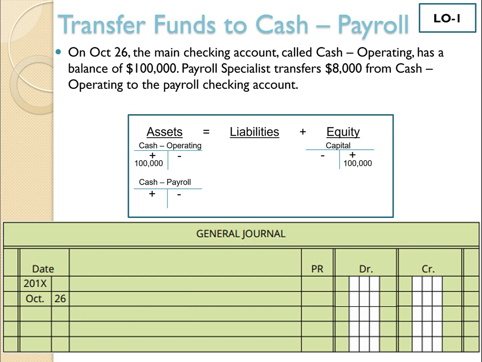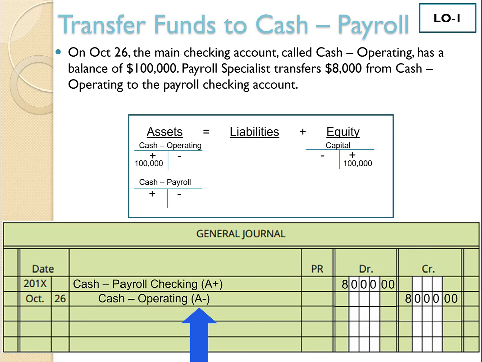So if we're going to debit one of them, that means that account is going up. So which account is going up? Cash operating or cash payroll? Cash payroll is the account going up. And the A plus is reminding you that it's an asset going up. So we're going to debit that by $8,000. That means the cash operating account will be credited, it's an asset going down, by $8,000.